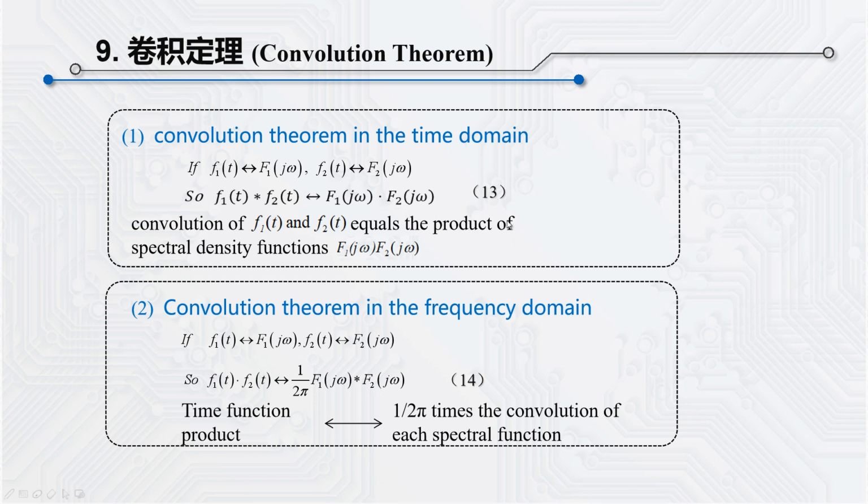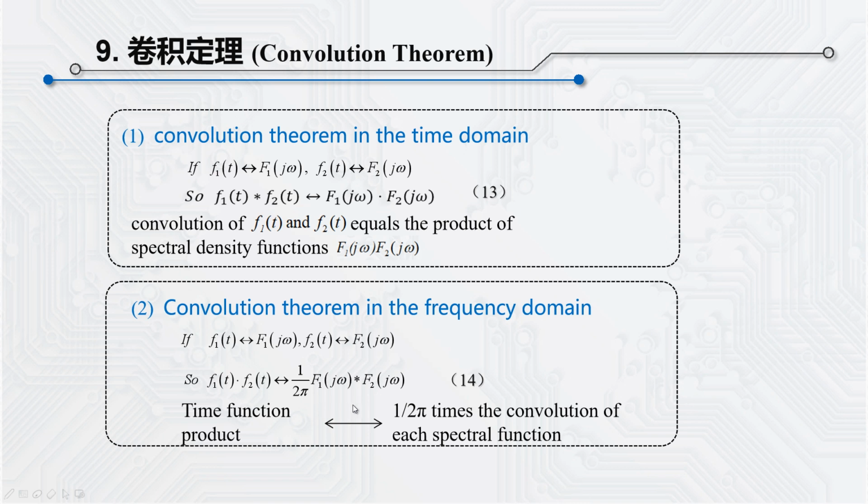That is to say, it satisfies Formula 13. Convolution theorem in frequency domain refers to that if time domain signal f1(t) is multiplied by f2(t), in the frequency domain the result becomes the convolution of F1(j omega) and F2(j omega). Their convolution should be multiplied by 1 over 2 pi.